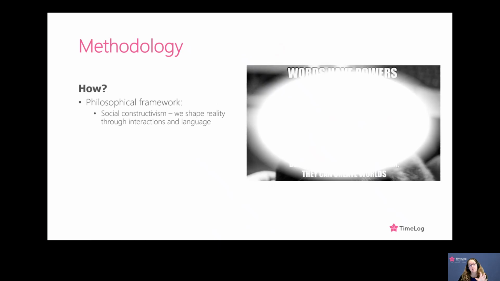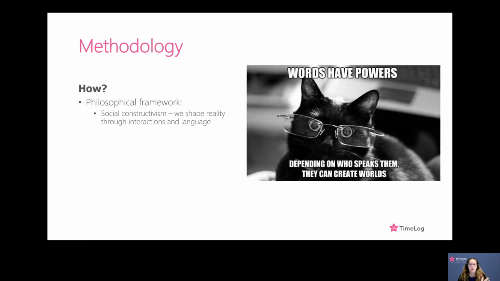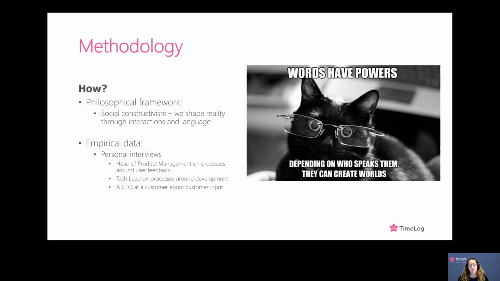And how I went about my thesis was from a philosophical framework point of view. I used social constructivism because we shape reality through interactions and language. And I know a lot of us work with language and know the importance of actually choosing the right words for the communication situation that we're in. But that can't stand alone. So of course I had some empirical data as well.